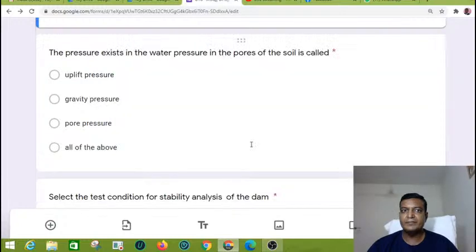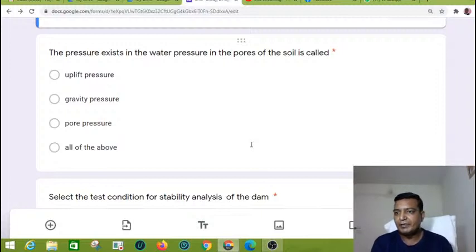Next, pressure exists in the water. Pressure in the pores of the soil is called as uplift pressure, gravity pressure, pore pressure, or all of the above.